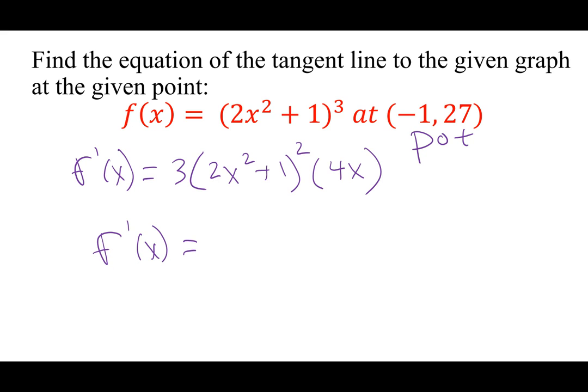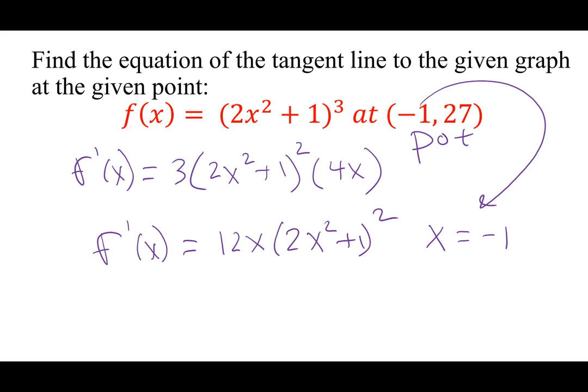So my equation here for the derivative would be 12x times (2x squared plus 1) squared. Now that I have that, remember, I'm going to need the slope of the tangent line, which means I have to find the value of the derivative at whatever this x value is. So I'm going to find the value at x equals -1. So finding the value of the derivative means I'm going to find f prime of -1.